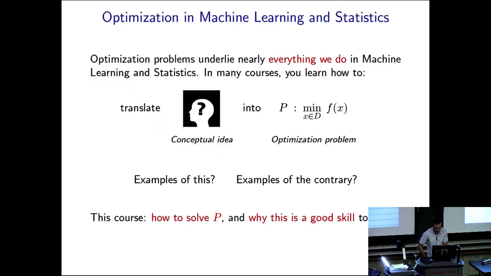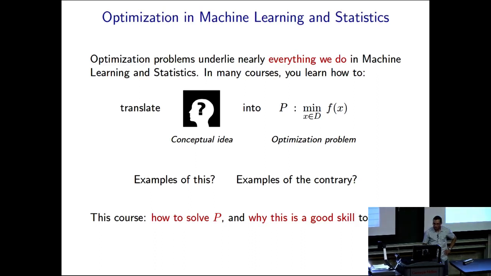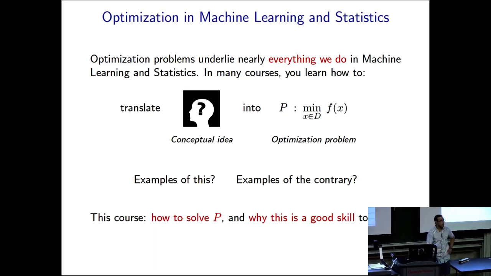Optimization problems. I think it's not really arguable at this point. It's just a fact. They underlie almost everything we do in machine learning and statistics, and in other fields as well. I don't think everybody here is a graduate student in ML or in stats. So in many other courses that you've taken, for example, machine learning courses, if that's your background, you learn how to translate some kind of conceptual idea, like, for example, I want to fit a line through these data points that is the best fitting line.